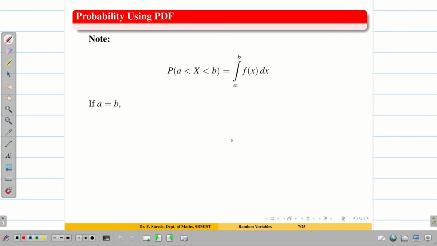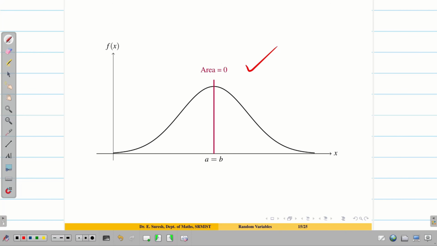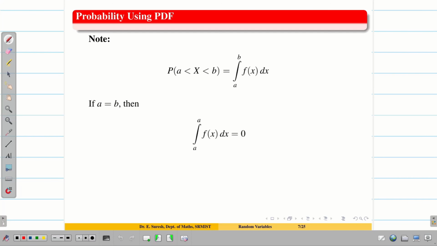If a and b are equal, then my upper limit and lower limit are the same. Just recall from your school days, whatever the function f(x), it doesn't matter, if the upper and lower limits are the same, then my answer is always 0. If a and b are the same, I don't get any area. So obviously the integral from a to a of f(x) dx is always 0.